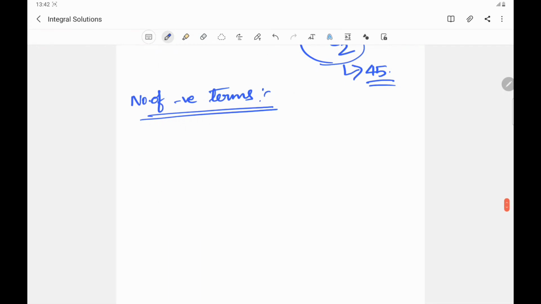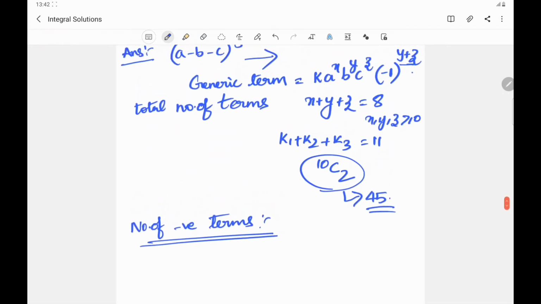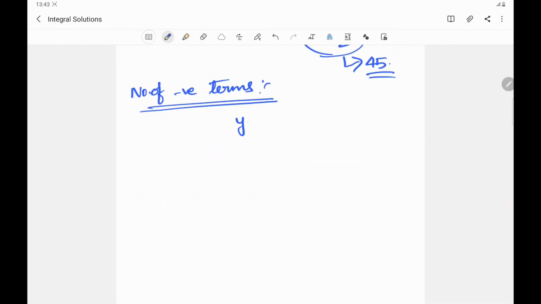In order for this to be negative, we know that y plus z must be odd, and the given equation is x plus y plus z is equal to 8. So when this is odd, this is even, so we need x to be odd.